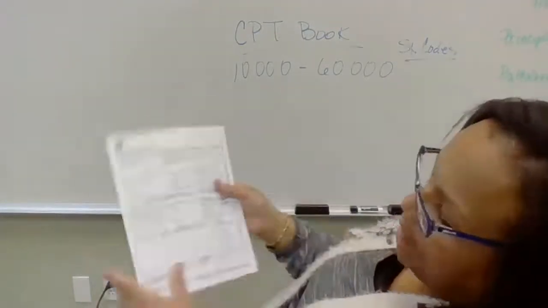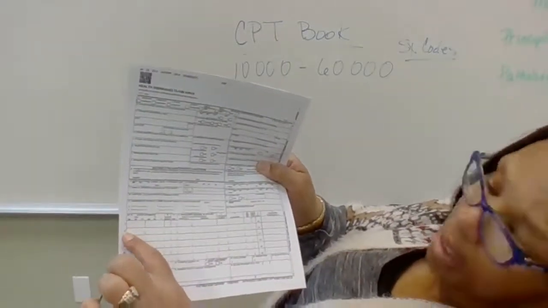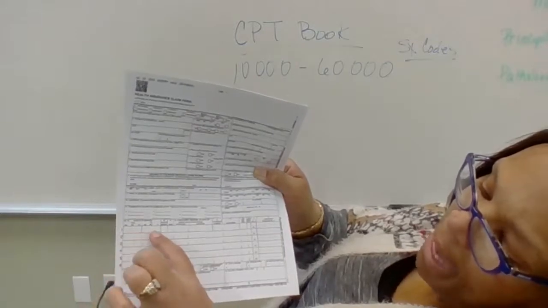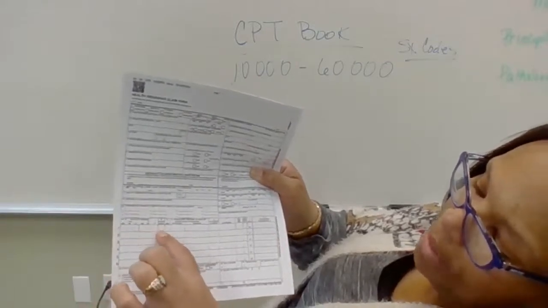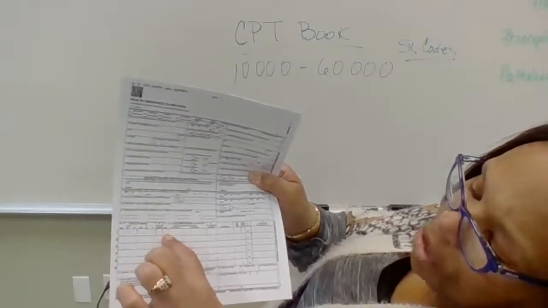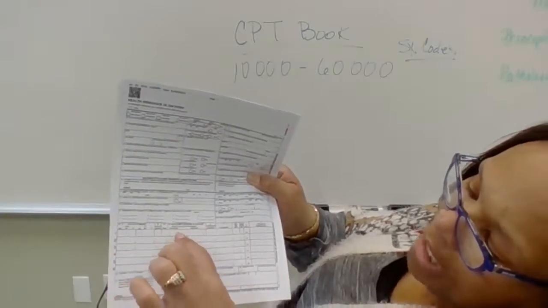This is May 18th. So let's go to the CMS 1500 form. Line one should read May 18 to May 18. Place of service should be 21. Type of service should be 2.